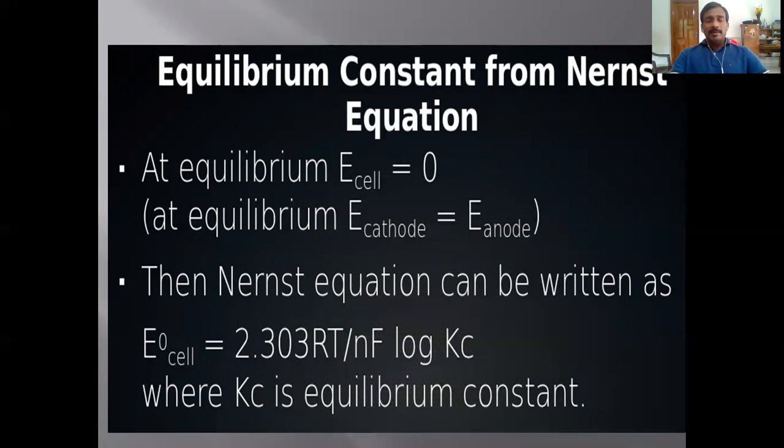At equilibrium, E cell is equal to 0. If the electrode potential is equal to 0, we can say E cathode is equal to E anode. Then only E cathode minus E anode will become 0. Then the next equation can be written as E0 cell is equal to 2.303 RT divided by nF log of the concentration of products divided by the concentration of reactants, and the concentration terms are raised to the power equal to the stoichiometric coefficients in the balanced equation.